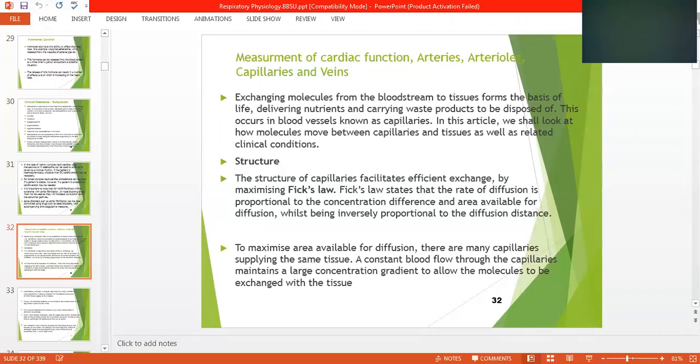To maximize the area available for diffusion, there are many capillaries supplying the same tissue. A constant blood flow through the capillaries maintains a large concentration gradient to allow the molecules to be exchanged with the tissue.